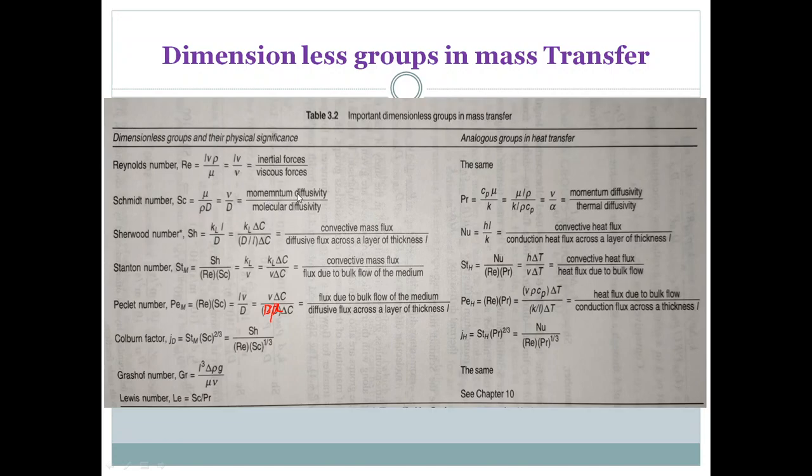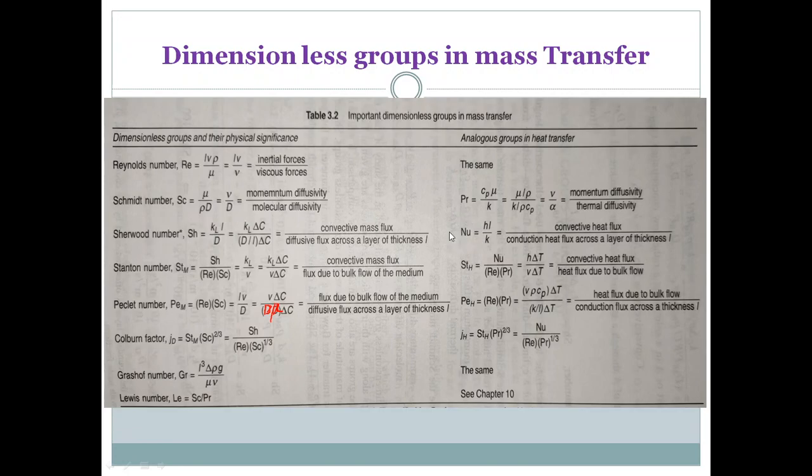Sometimes people write thermal diffusivity by molecular, no. If you understand the concept, then you will not forget, because mass transfer is related to fluid dynamics and mass transfer, not to heat transfer. So it is nu by D.